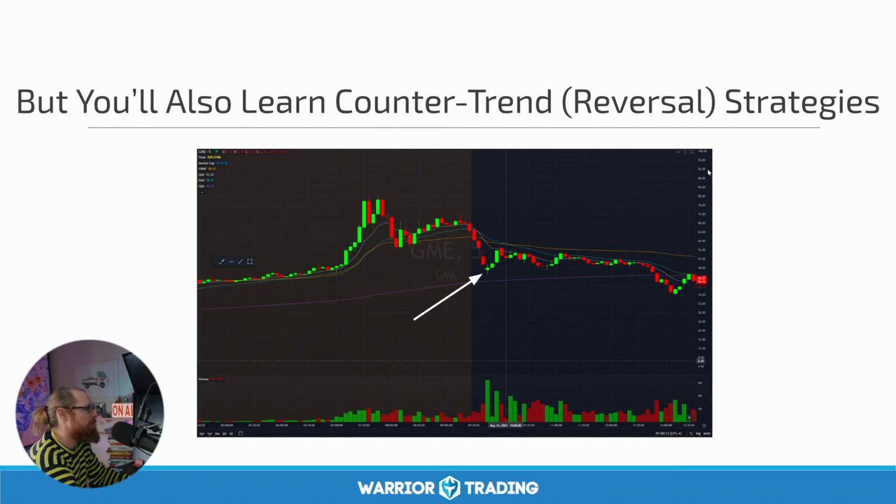and that makes a meaningful difference towards my profits and goals for the month and the year. But as I said, you will learn counter trend strategies as well, where I look for something that has been selling off, and then I look to buy the dip or the reversal down here for the move back up. Some of the best reversals are V shaped, where it's a strong sell-off and then a really strong bounce.